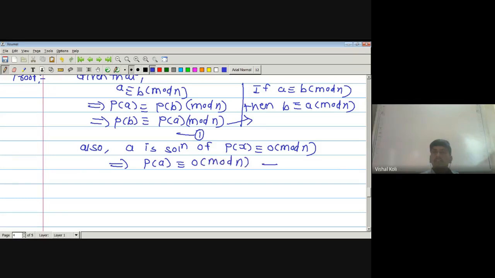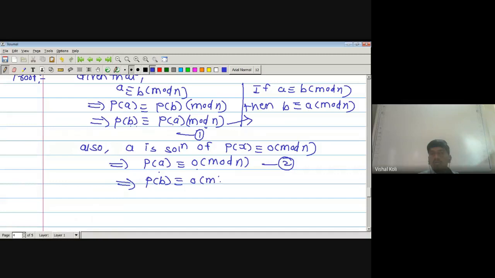Let us take this as equation 2. Therefore here P of A is congruent to 0 modulo n. Sorry, let us start from equation 1. P of B is congruent to P of A modulo n, and P of A is congruent to 0 modulo n. Then by transitivity, P of B is congruent to 0 modulo n.